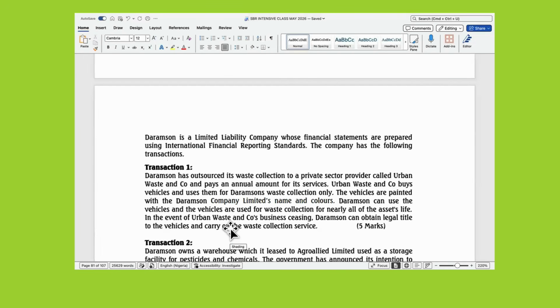And he will measure the right of use asset at the present value of the unpaid lease rental plus any amount paid at the commencement date plus direct costs, while the lease liability will be measured also at the present value of the unpaid lease rentals. And that's all you need to talk about.